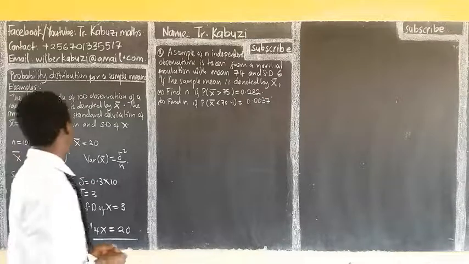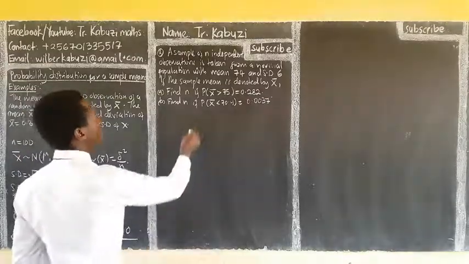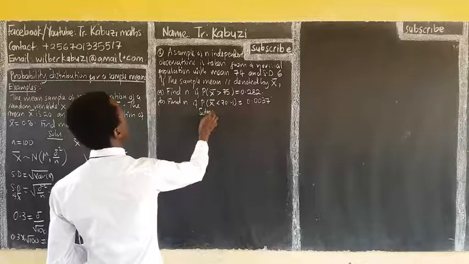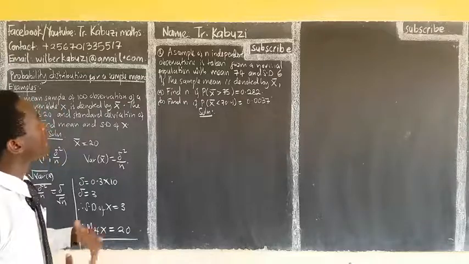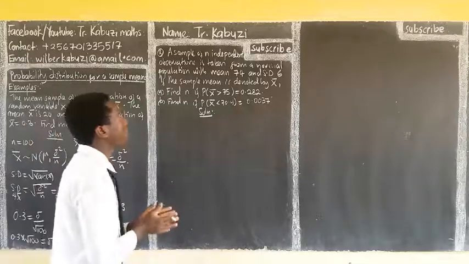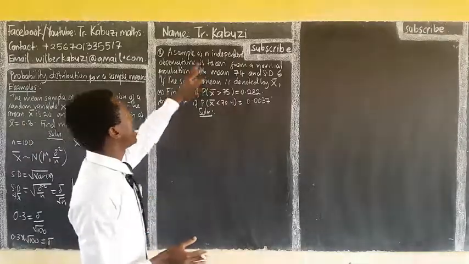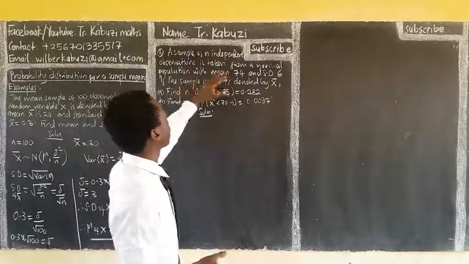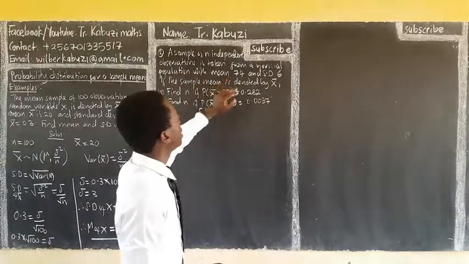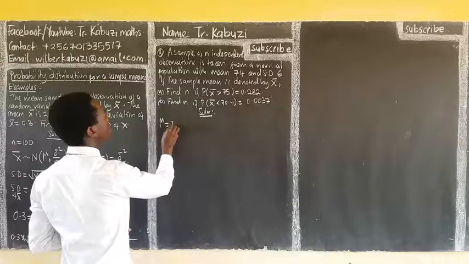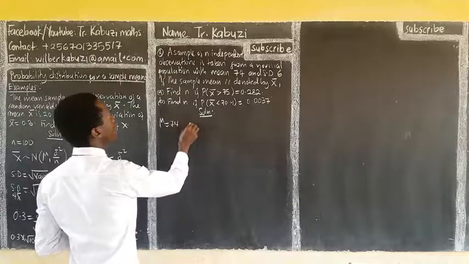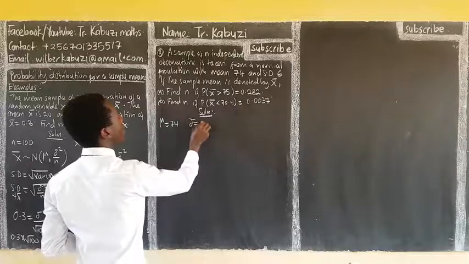Okay, from here we have another question. Now they want us to find the sample size, the number of the sample you are using. A sample of n independent observations is taken from a normal distribution with mean 74 and standard deviation, so our sigma now is 6.